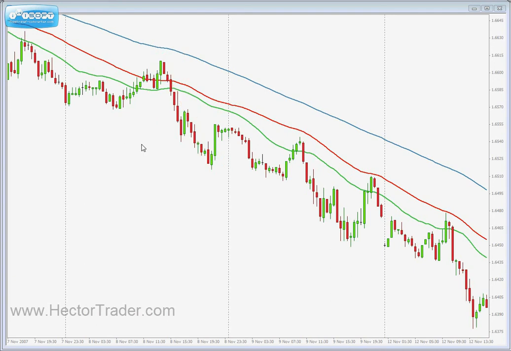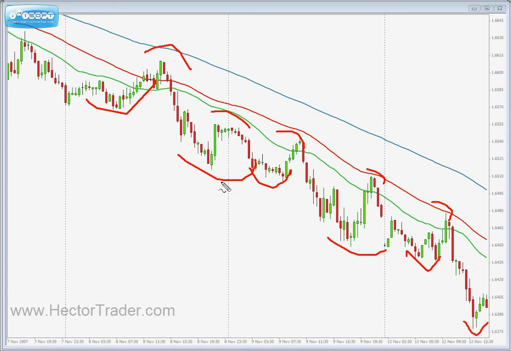But from an overall point of view, we can clearly see, as far as my moving averages go, and also as far as making lower highs and lower lows, that this is a healthy downtrend.